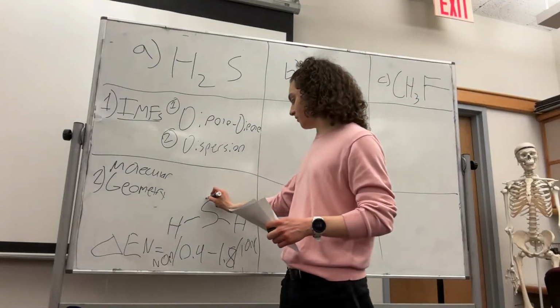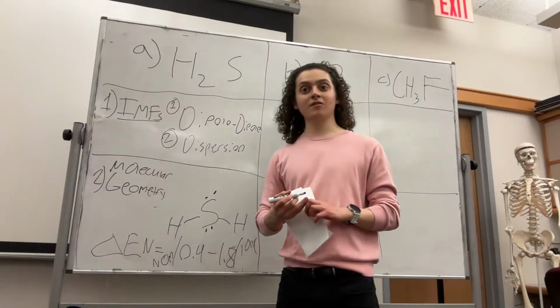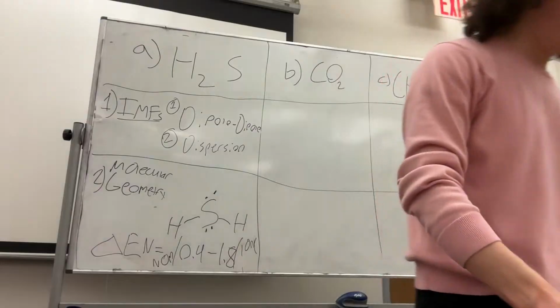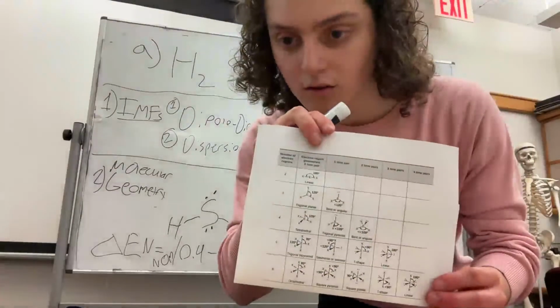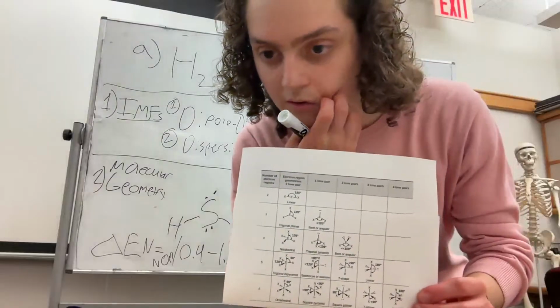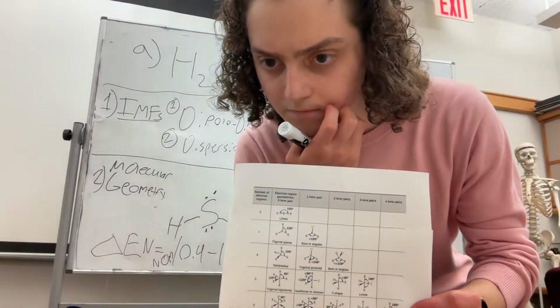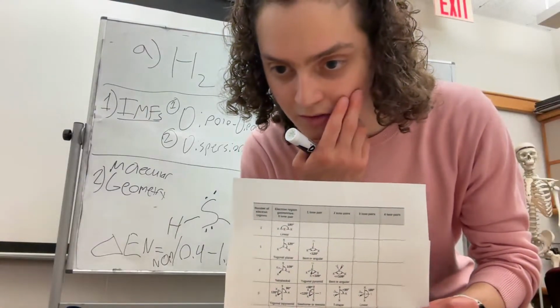We need to look at two things here: the number of bonds to atoms and the number of lone pairs. So has anyone seen a chart that looks something like this? I'm just showing the class. Yeah, we do have to use the periodic table.